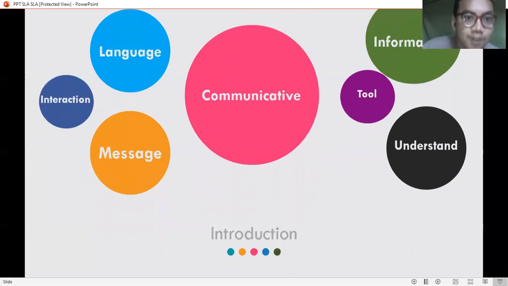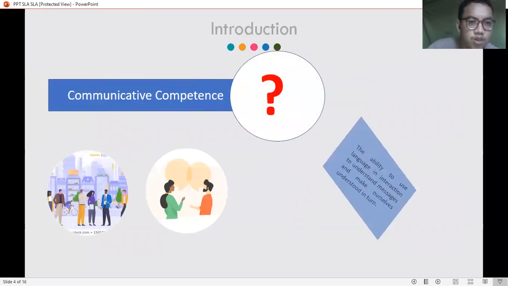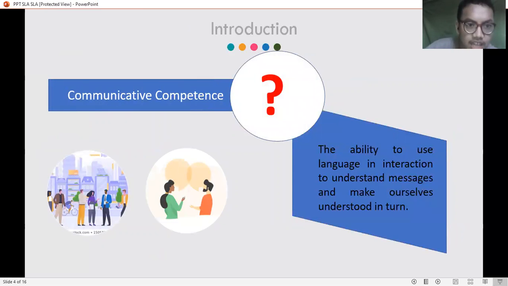Next. So here is the introduction. What is actually communicative competence? There are two pictures over there, and both of them describe an interaction between two people and between three people and so on. In the first picture, we have some people who interact with each other.